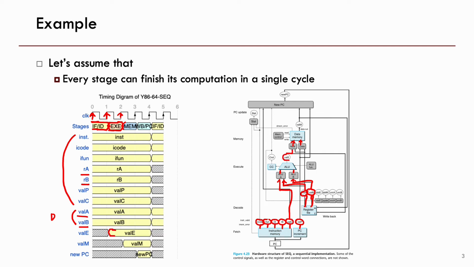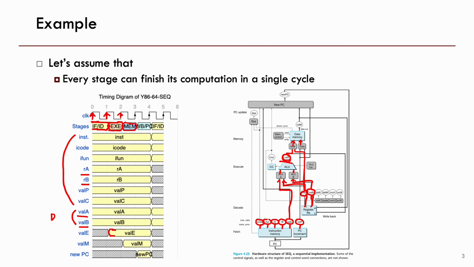One input is val E, another input is val A, another is val B, and val P. I don't see all of them, but the latest input to the data memory is val E, and val E is ready at cycle 2, so we can start the memory stage here.